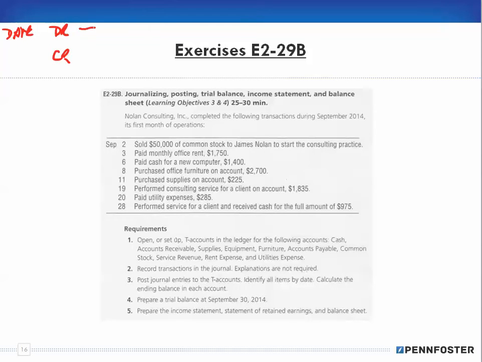You put your account number and your account name for your debit, and you indent to put your account name for your credit. Then you have a debit column and a credit column for the amounts. There is also a posting reference, which we didn't get into too much just yet.